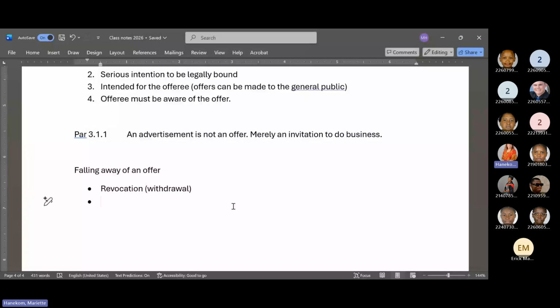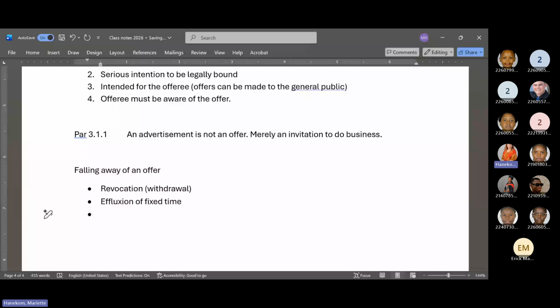If there is a time limit, the offer lapses through effluxion of time. I hate this English word, effluxion. It's a horrible word. It means passing.